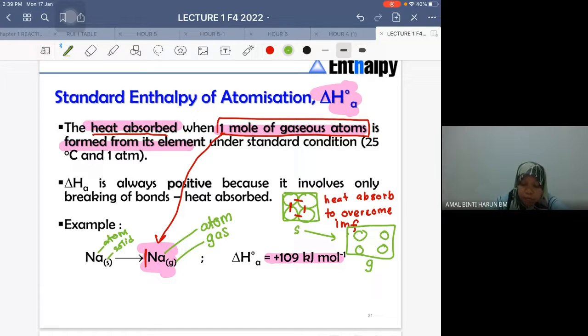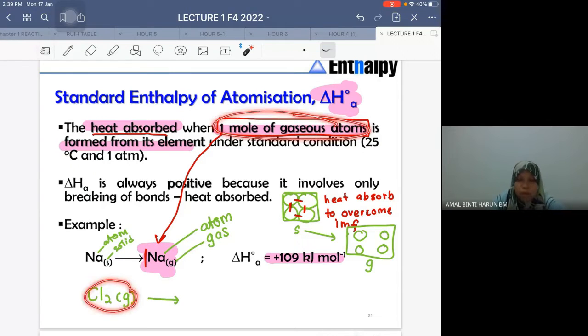Okay, contoh yang lain, kita ada klorin, Cl2. Klorin wujud sebagai klorin gas. Tapi, dia nak wujudkan sebagai apa ni? 1 mole gas atom. Ini molekul. So, untuk form 1 mole atom, atom apa yang kita nak form?